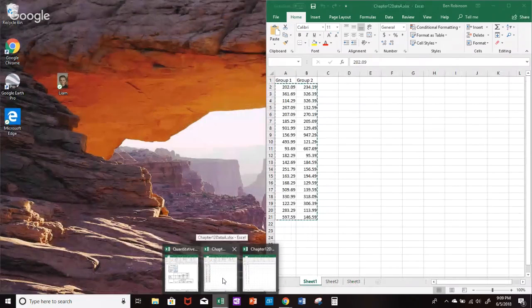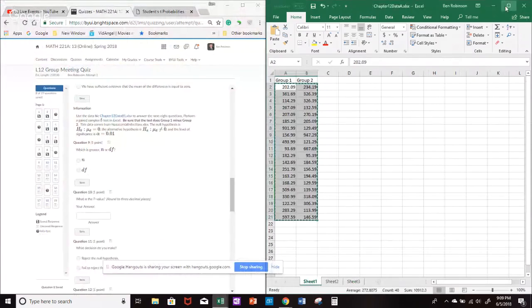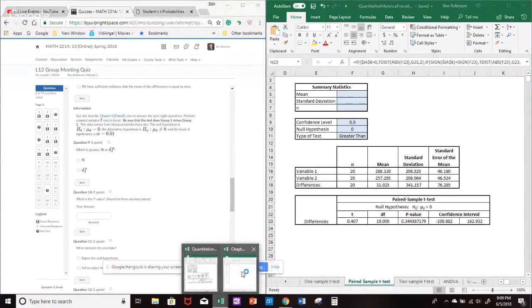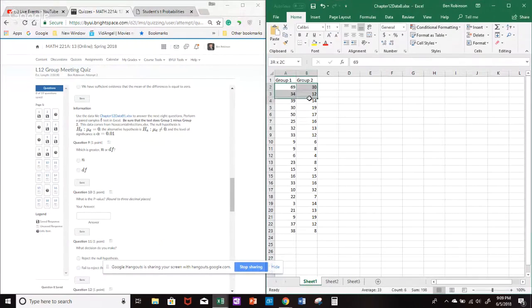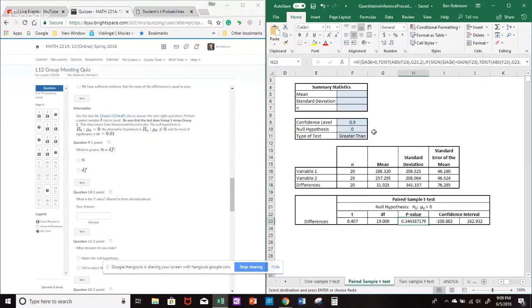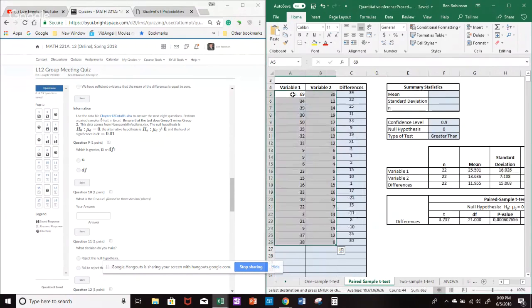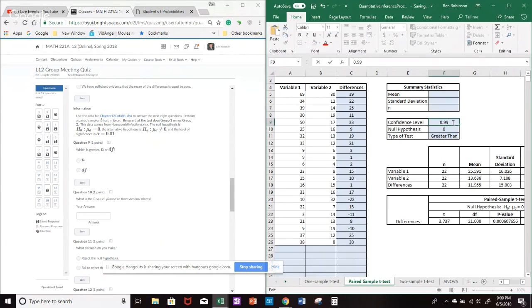Use the data file for chapter 12 to answer the next 8 questions. Perform a paired sample t-test in Excel. Be sure that the test does group 1 minus group 2. This data comes from nosocomial bacterial infections.